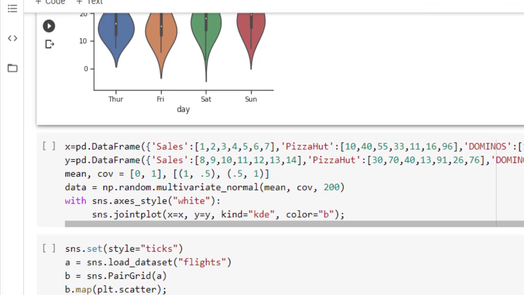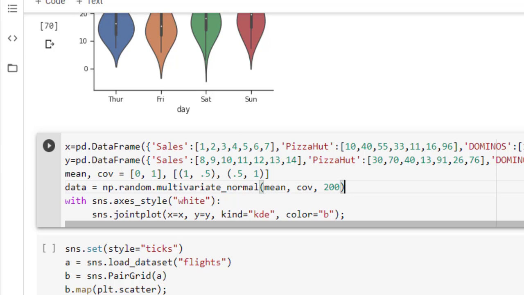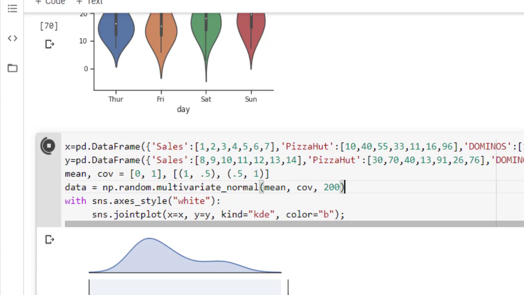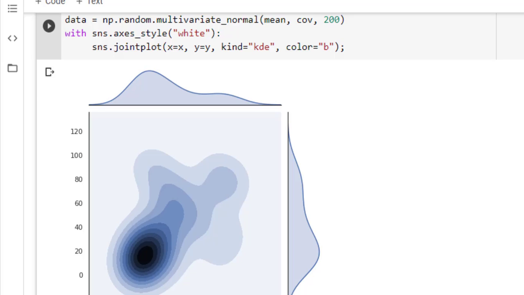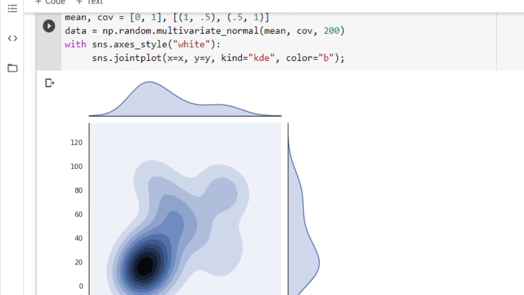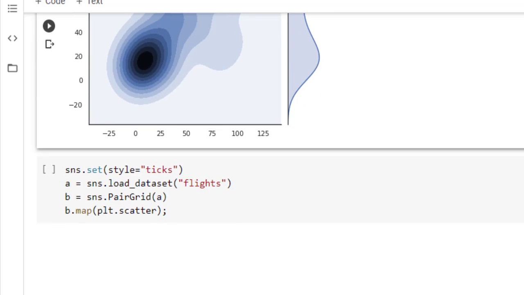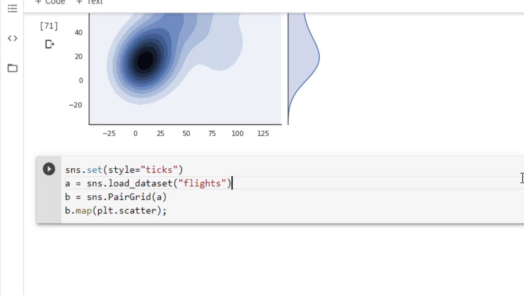Isn't it interesting? The next graph that we plot is a multivariate graph for data set x and y respectively, and we calculate the mean over here. The kind here we use is KDE, color we use as blue.